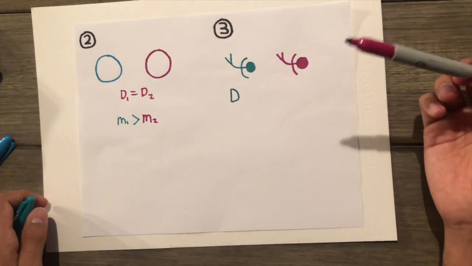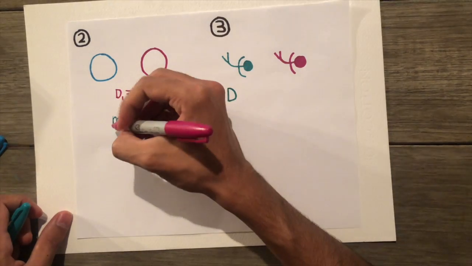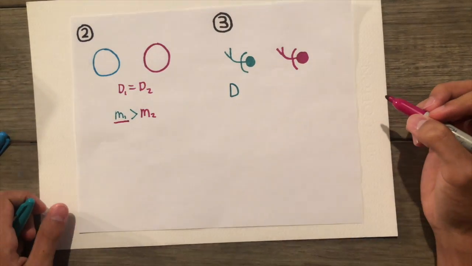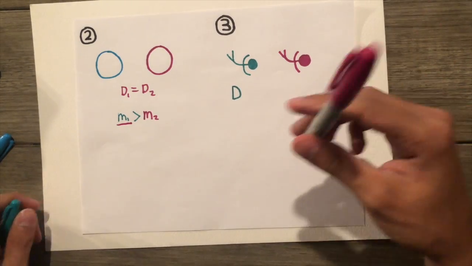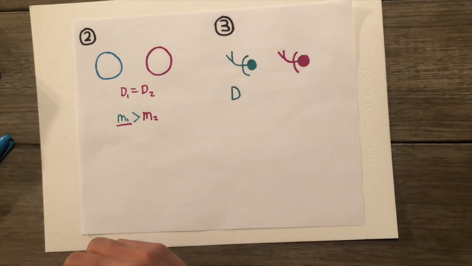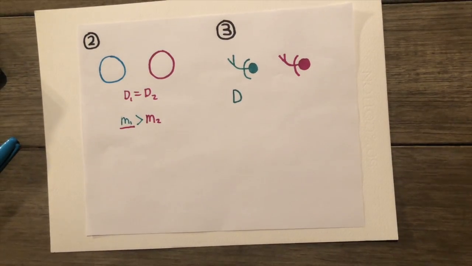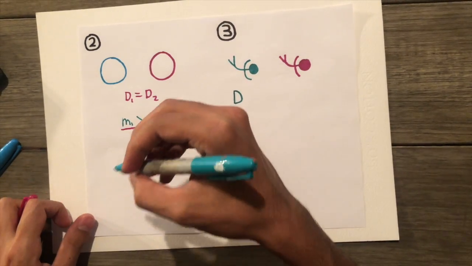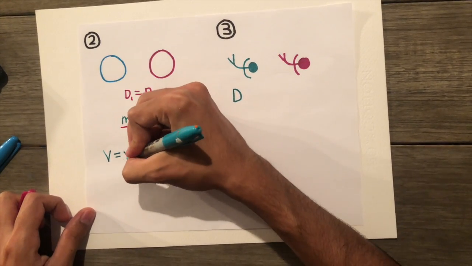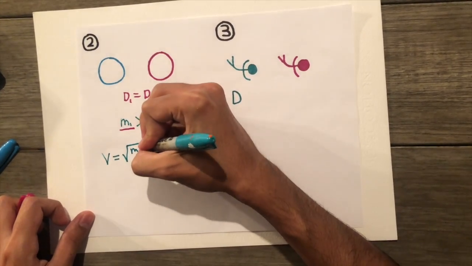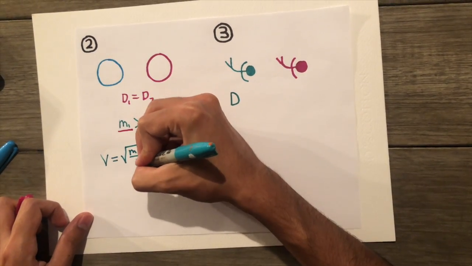By real-life experience, we already know that objects with higher mass reach higher velocities. But we can also prove this via the formula that we calculated on the previous paper, which is the terminal velocity equals the square root of the weight divided by the constant d.